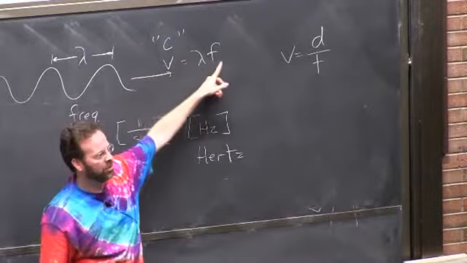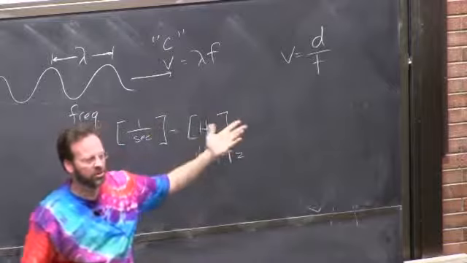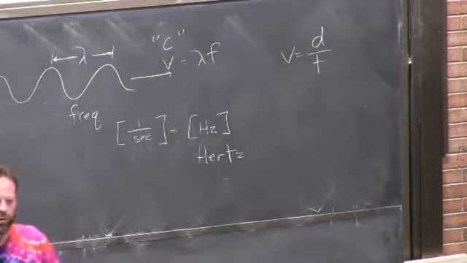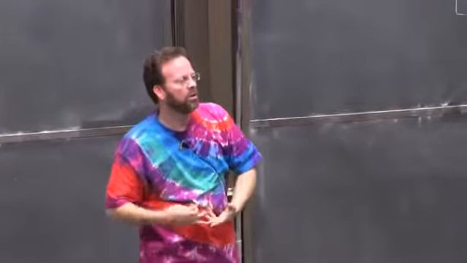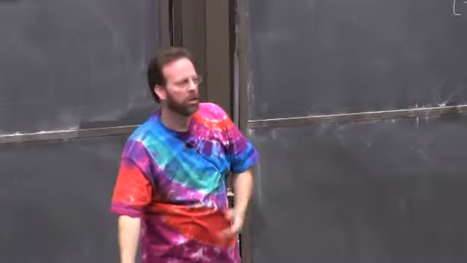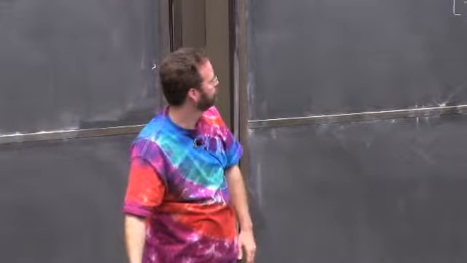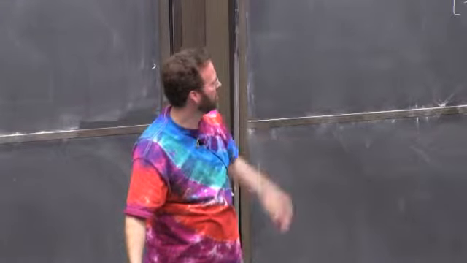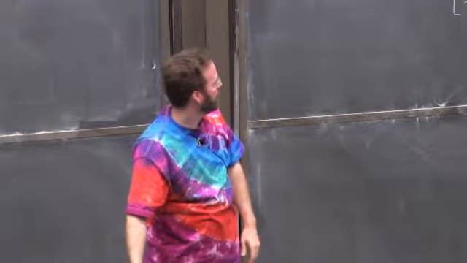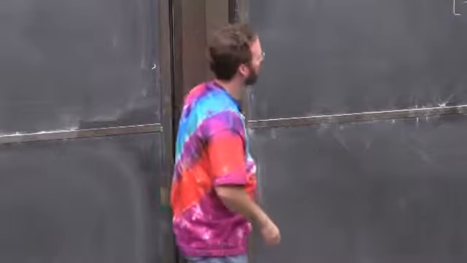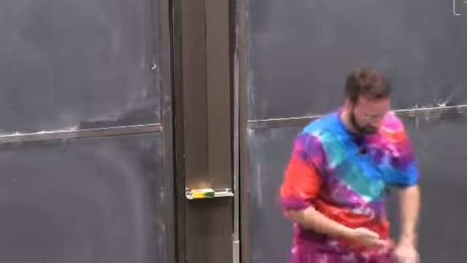Wavelength's a distance and frequency is an inverse second, inverse time. So it's really just distance over time for a wave. And this works for all waves. Water, sound, light, all of those. So yeah, light is a wave. And there you go. There'll be other changes too, but we don't need to worry about those yet.